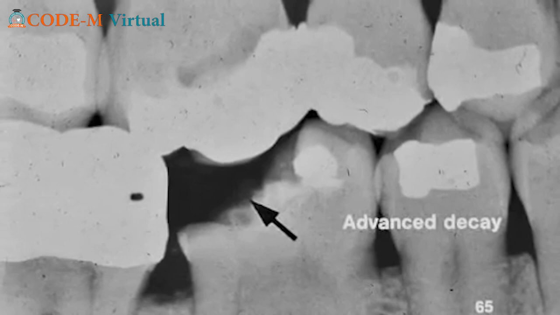And above that tooth we can see some radiolucency. It's a restoration done on that tooth, so it is very white, very radiopaque. So we should know that a restoration on an X-ray appears very white and quite radiopaque.